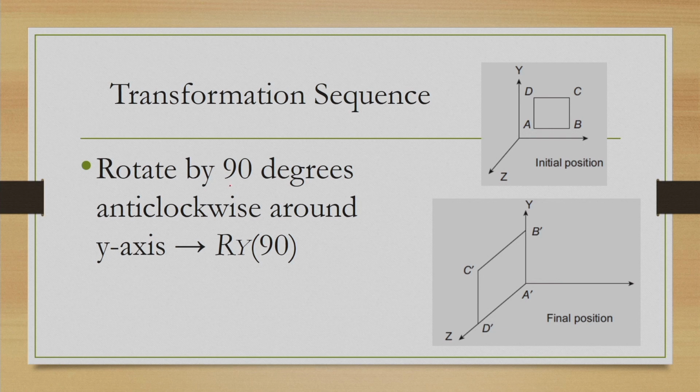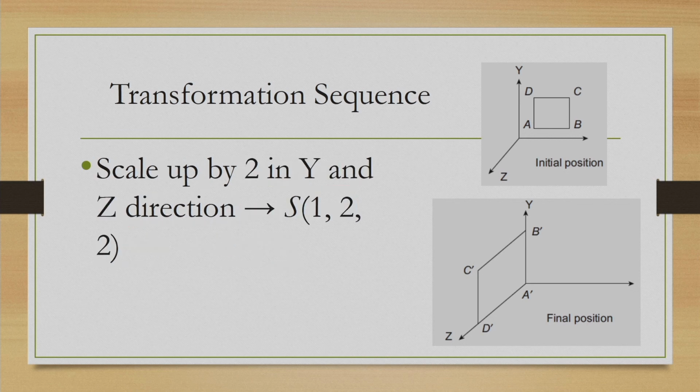Then we rotate by 90 degrees anti-clockwise around y axis. So, again we will use R y 90, where R y theta is the basic rotation matrix about y axis. Then we perform scaling because the size increased, scale up by 2 in y and z direction.